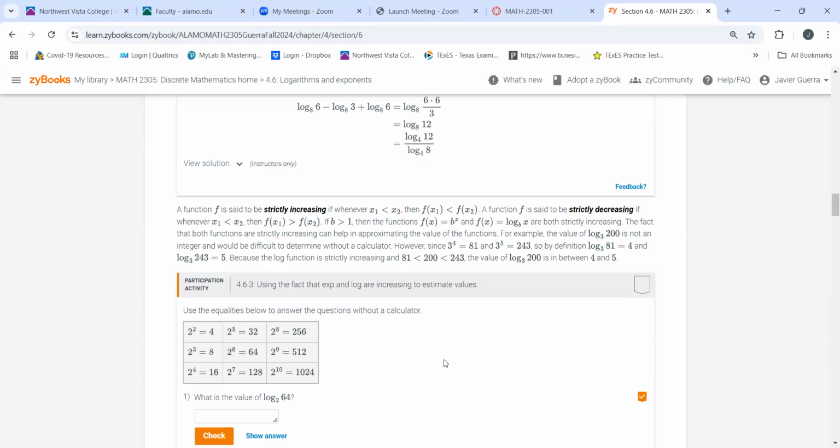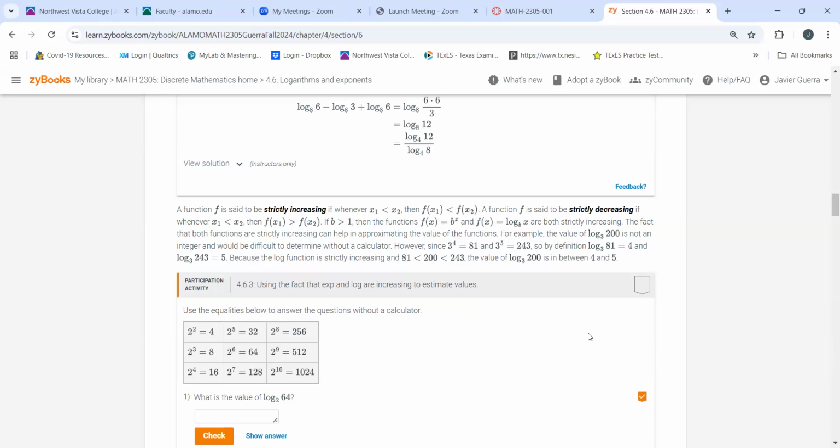Therefore, if b is greater than 1, then the functions f of x equals b^x and f of x equals log base b of x are both strictly increasing. The fact that both functions are strictly increasing can help approximate the values of the function.